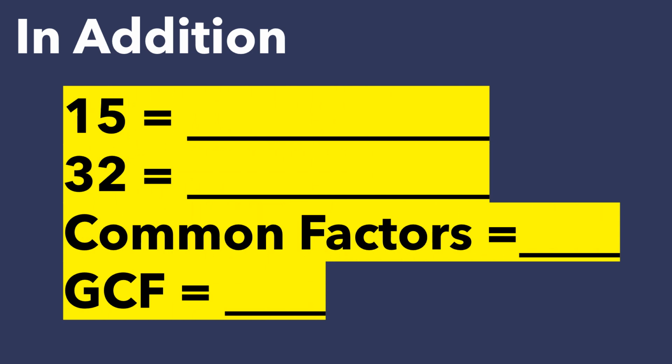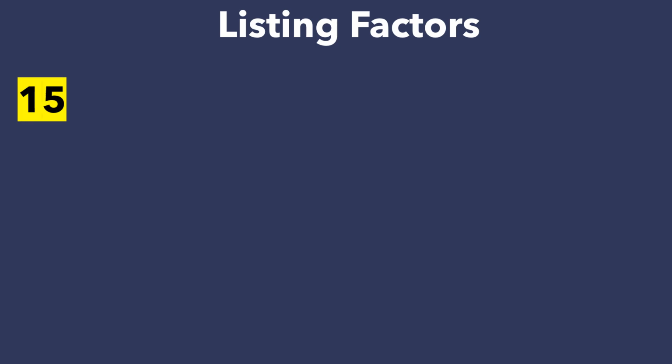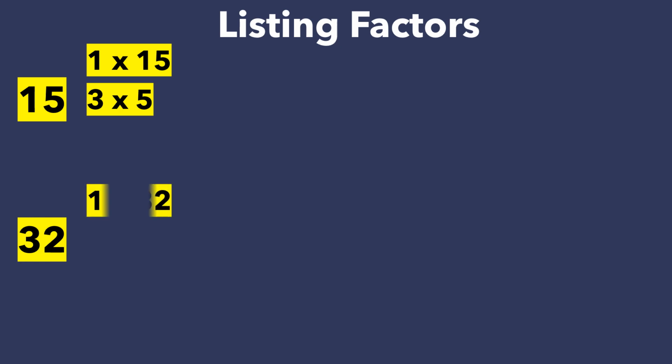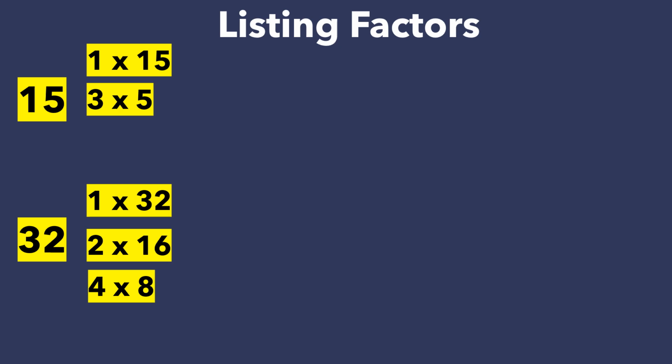Okay, in addition, class, if we have 15 and 32, let us find the common factors and the GCF. By listing all the factors, for 15, 1 times 15, 3 times 5. For 32, 1 times 32, 2 times 16, 4 times 8.